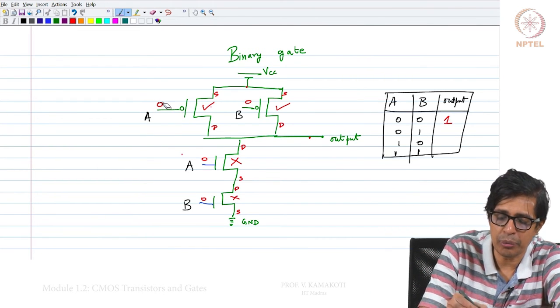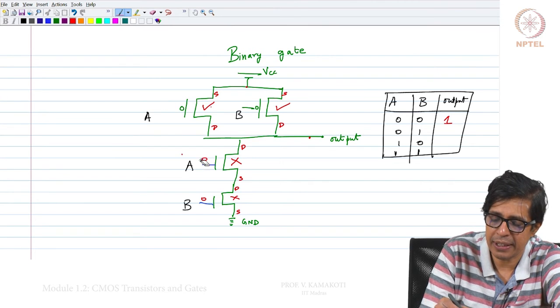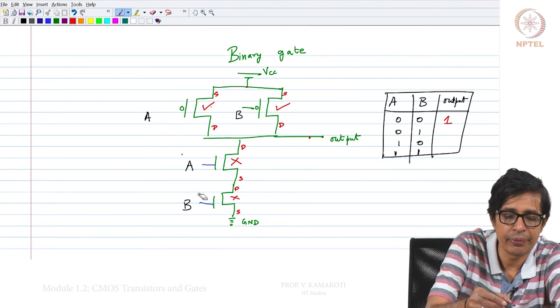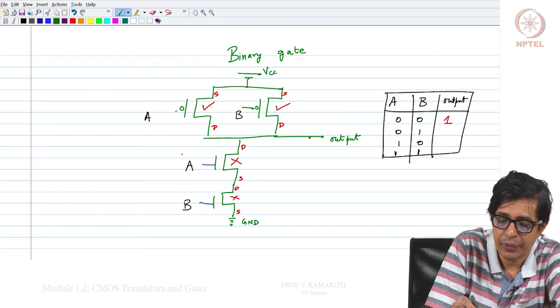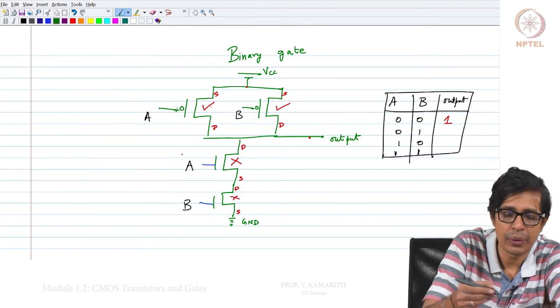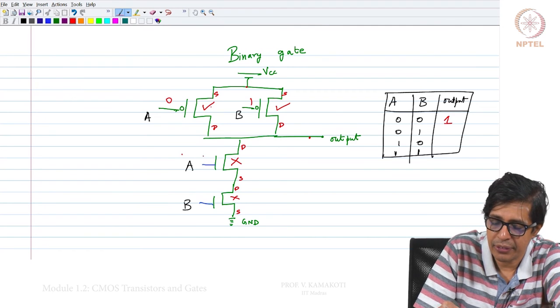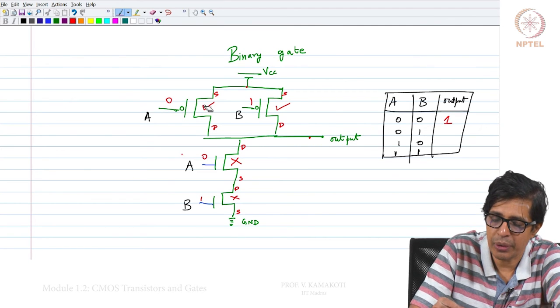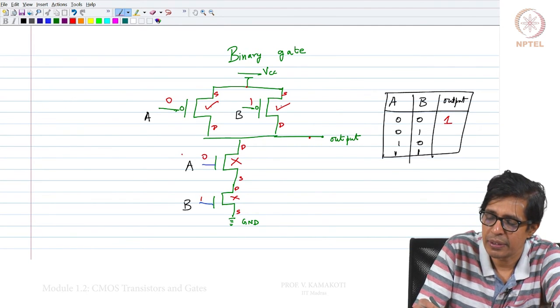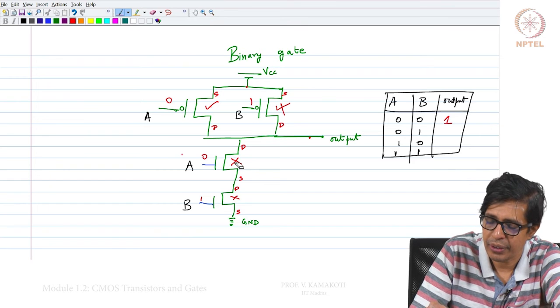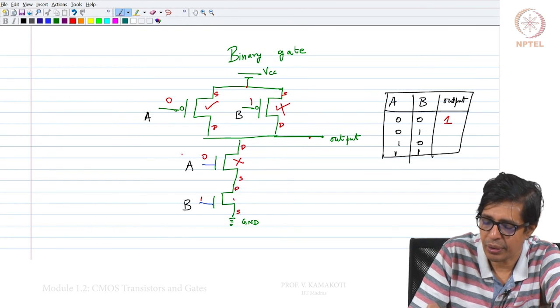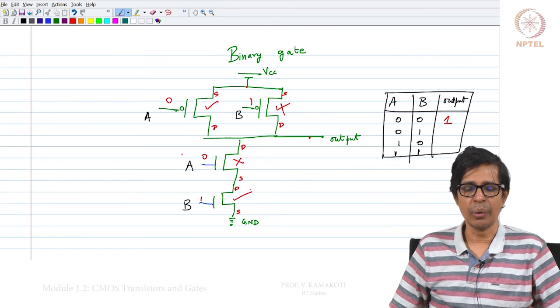Now, let us go to the next step and say I am applying 0 1. What could happen? This is on, this is off, this is off and this is on.